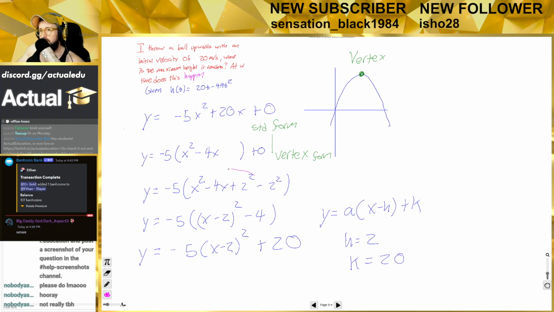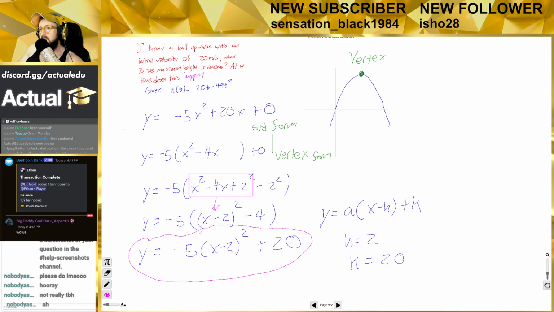So this whole part converts into this. And then you just multiply back through. And this gets you an equation that's in this form, which is called vertex form, which looks like this: y is equal to a(x minus h) squared plus k, where (h, k) is the vertex.